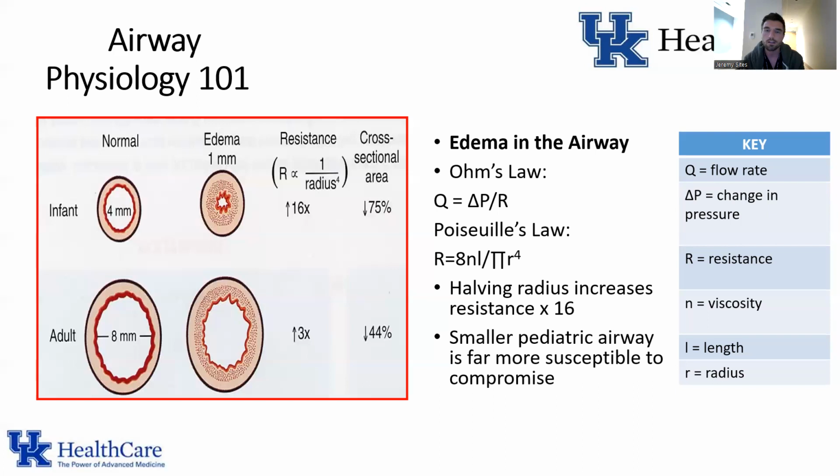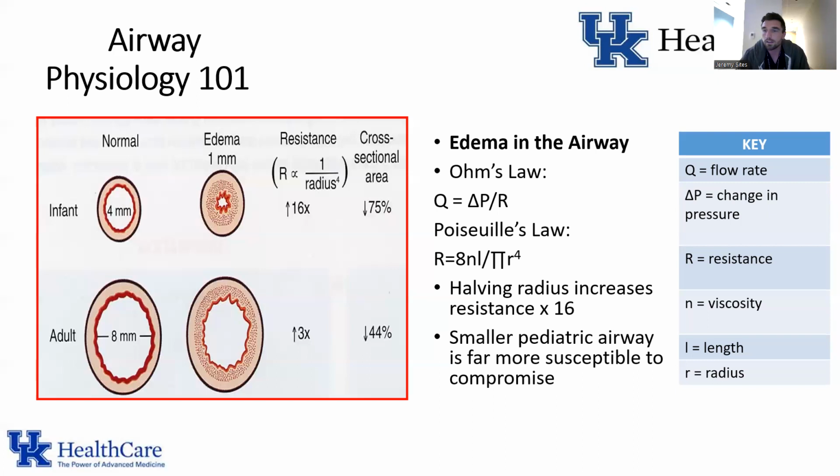And so you see Ohm's law in respiratory physiology is represented by flow equal to the change in pressure over resistance. And I'll talk about those components more in a minute, but resistance brings us to the consideration of Poiseuille's law, which is represented in the equation below that.